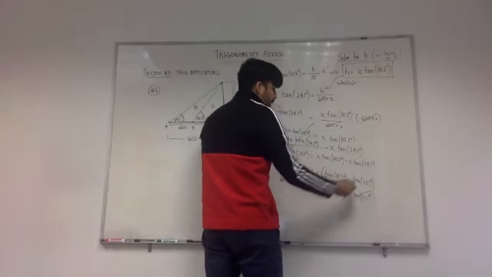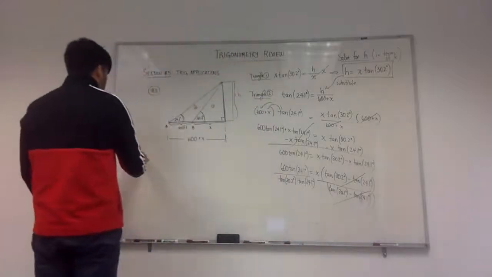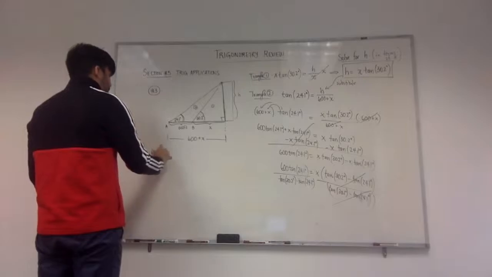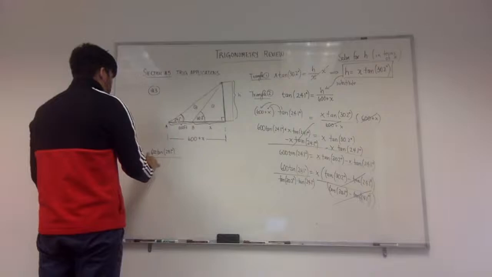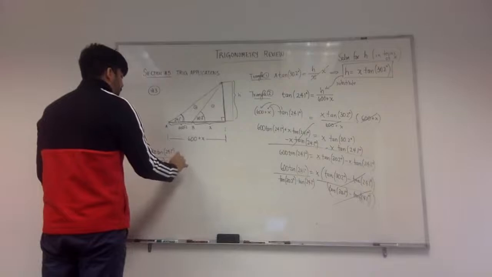And when I do so, these cancel. What am I left with? I'm left with x equals 600 tangent of 24.1 degrees all over tangent of 30.2 degrees minus tangent of 24.1 degrees.